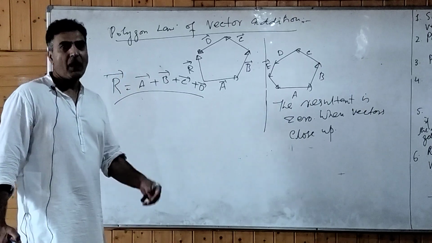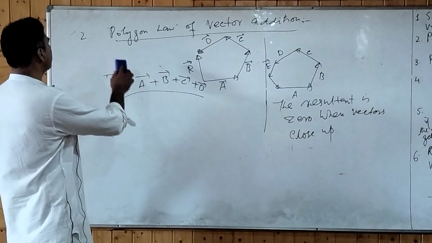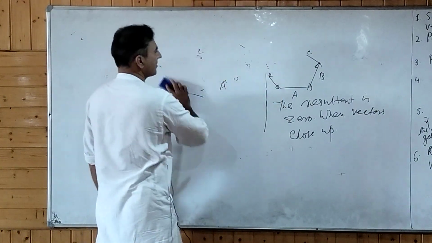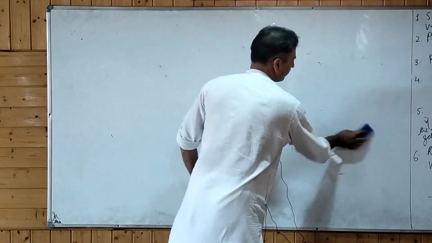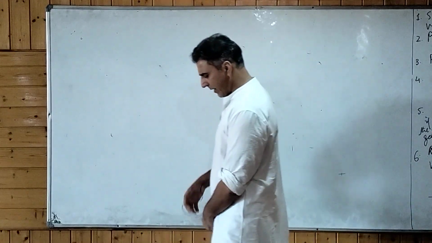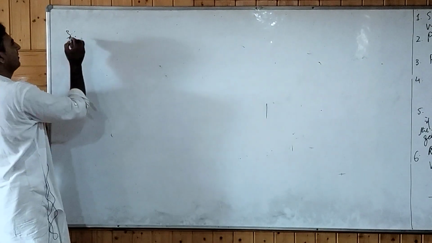subtraction of two vectors. How do we subtract two vectors? So there's a simple technique, third point, that I want to discuss with you. Subtraction of two vectors. How to subtract two vectors? The technique is very simple. Have a look.